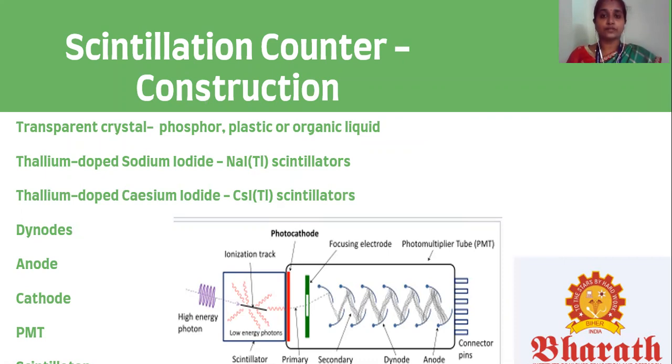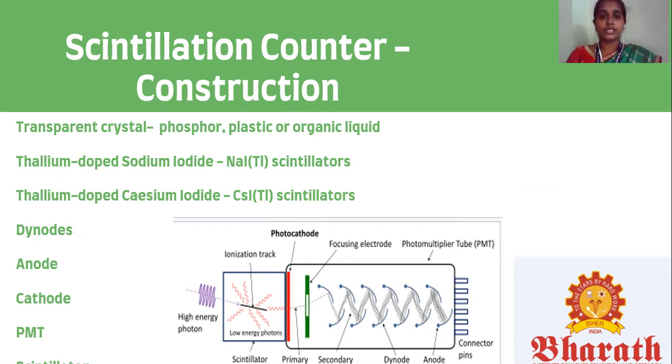Scintillation is a flash of light produced in a transparent material by the passage of a particle, an electron, an alpha particle, an ion, or a high energy photon. Scintillation occurs in the scintillator, which is the key part of the scintillation detector. In general, a scintillation detector consists of a scintillator which generates photons in response to incident radiation.